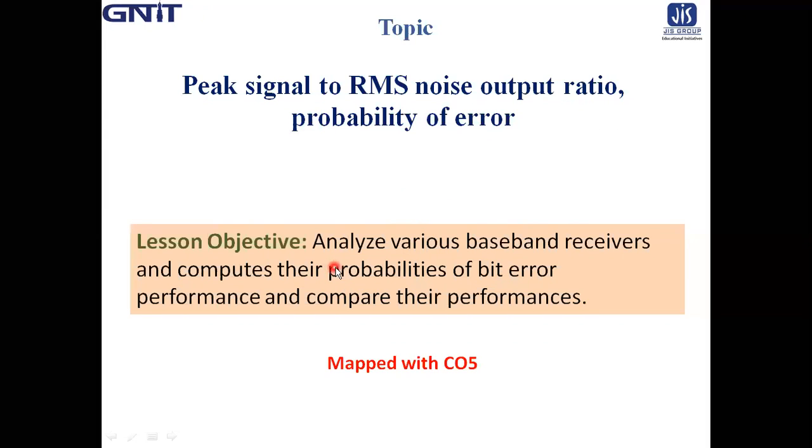The lesson objective is to analyze various baseband receivers, compute their probabilities of bit error, and compare their performances. This topic is mapped with CO number 5. So let us start lecture number 1 from the module of baseband signal receiver and probability of error.